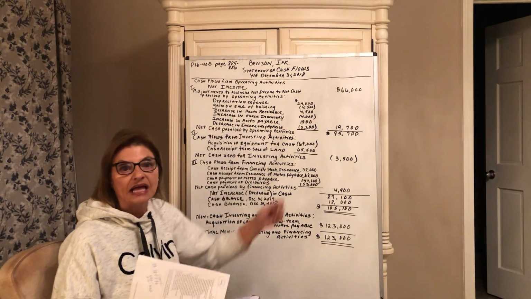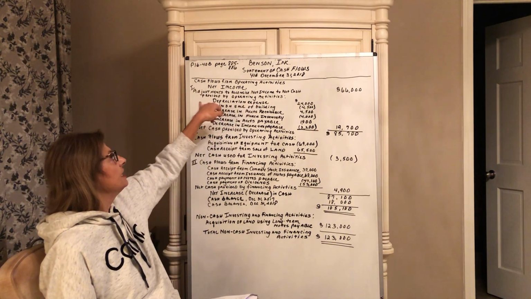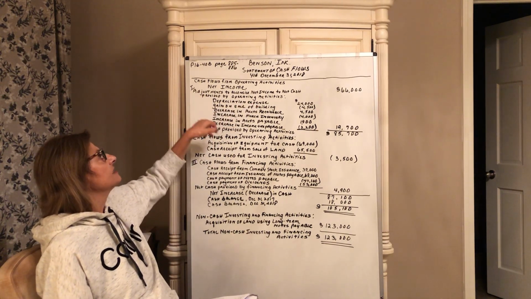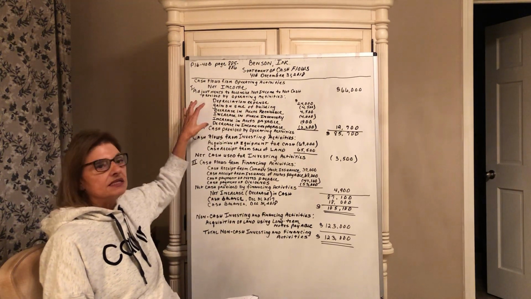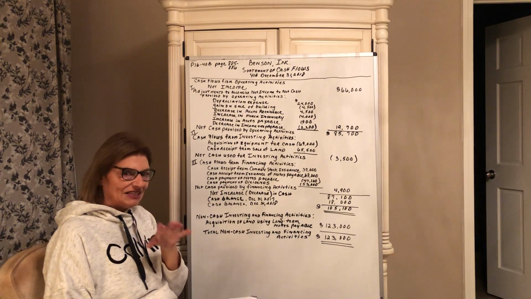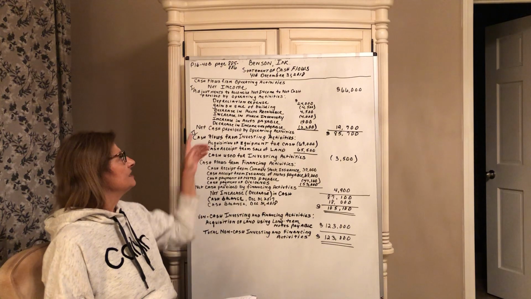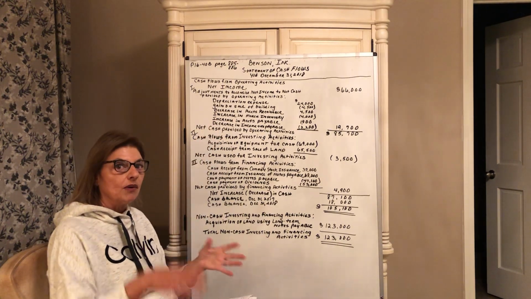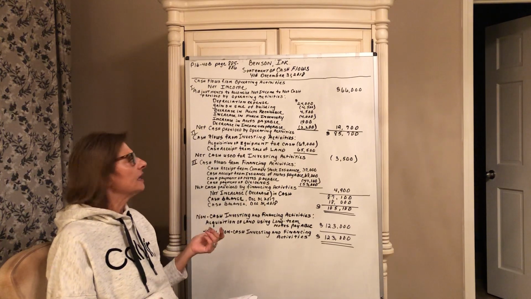So I started with that. That's step 1. And then we're going to adjust it. This is the operating section, cash flows from operating activities. This is considered the most important section, and it's also the most analytical. The other two are pretty straightforward and easy. This one you have to think about a little bit, what went up, what went down. The other two, they're really automatic.